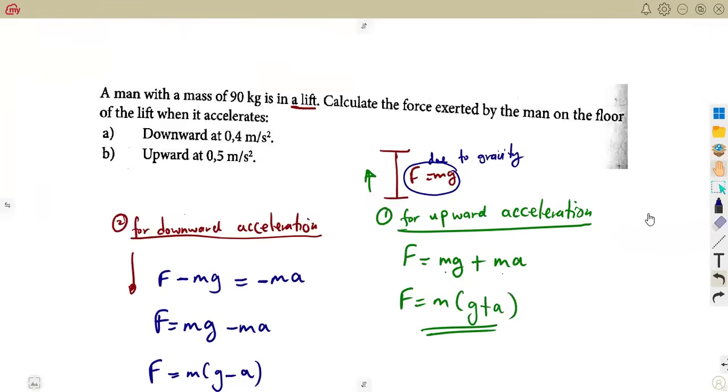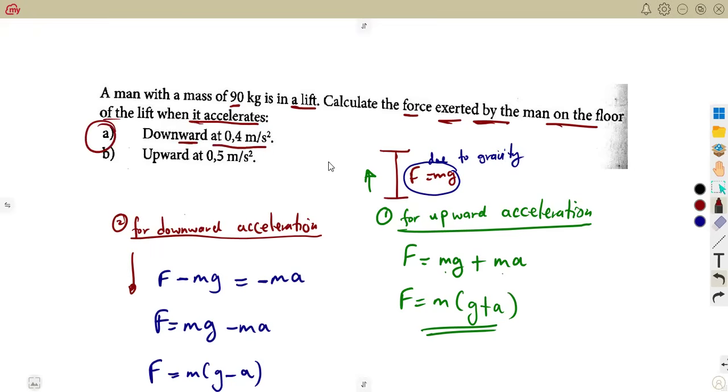So using this information, guys, we're going to answer these two questions, A and B, that we're given here, where we are given that a man with a mass of 90 kilograms is in a lift. Remember, a lift can take you up, can take you down. They are saying, calculate the force exerted by the man, which is the applied force, on the floor of the lift when it accelerates A downward.